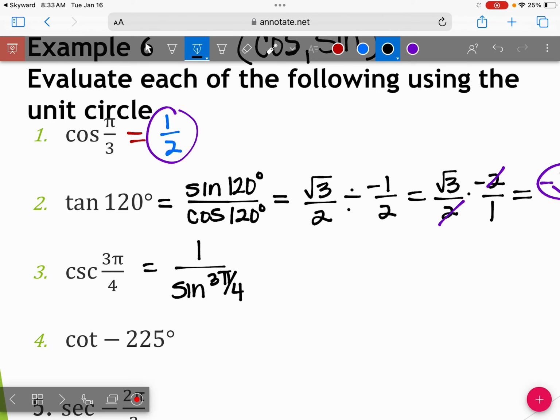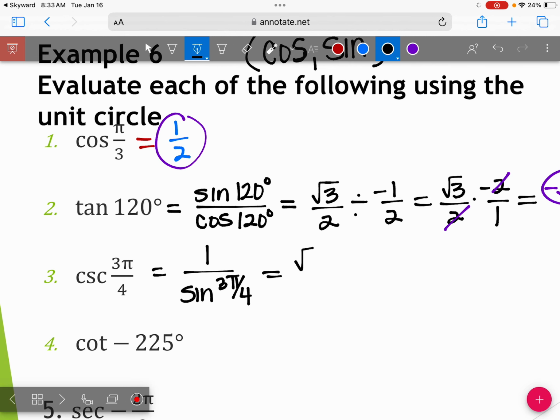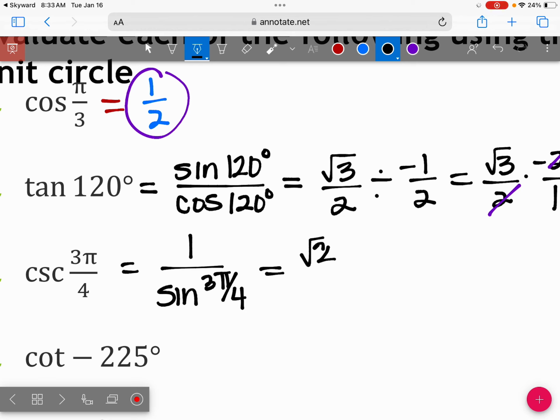Cosecant is 1 over the sine. So the sine of 3 pi over 4 is what? √2/2. So that's the sine, but we're looking for the cosecant. So we have to flip this, and it becomes 2 over √2.